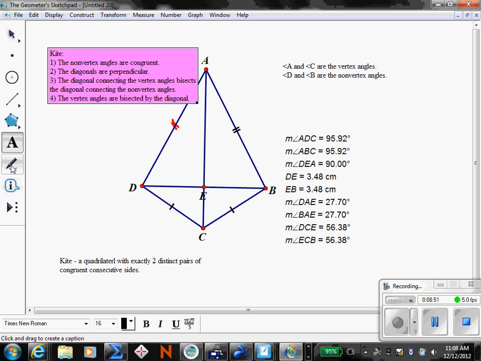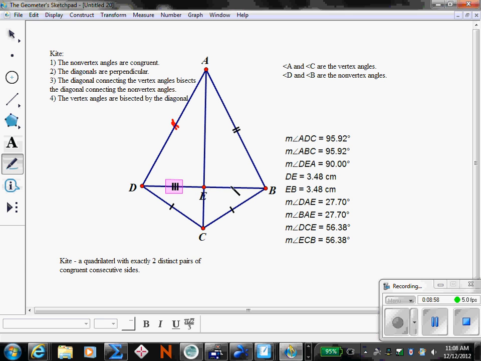Now I am going to go back to the pen here, and we'll mark that congruent to this one. And then maybe I can get these angles marked congruent. There we go. It's not the same. Let's see.